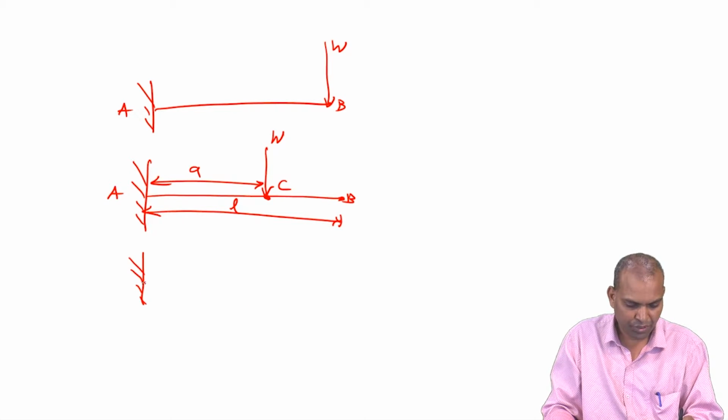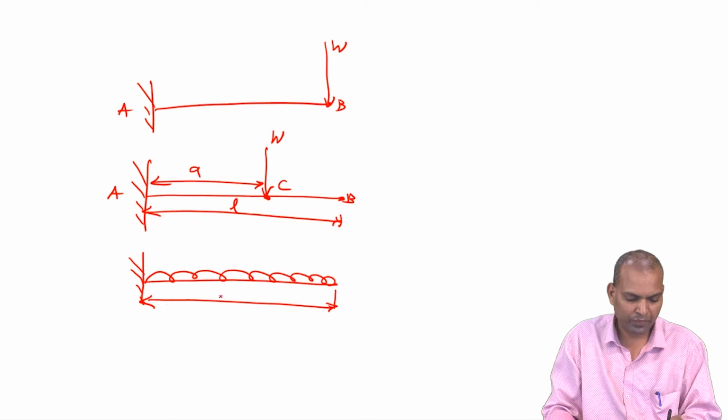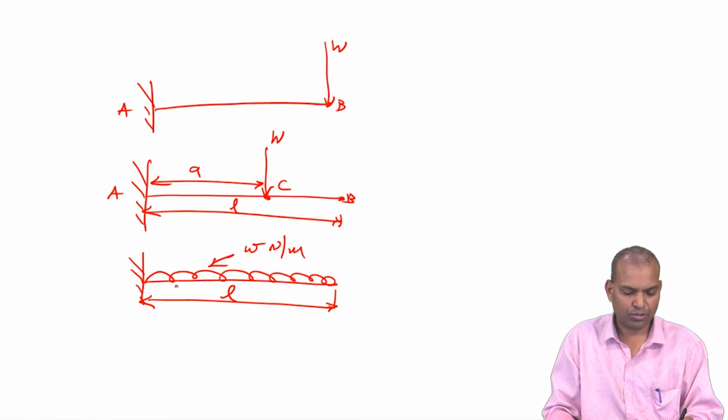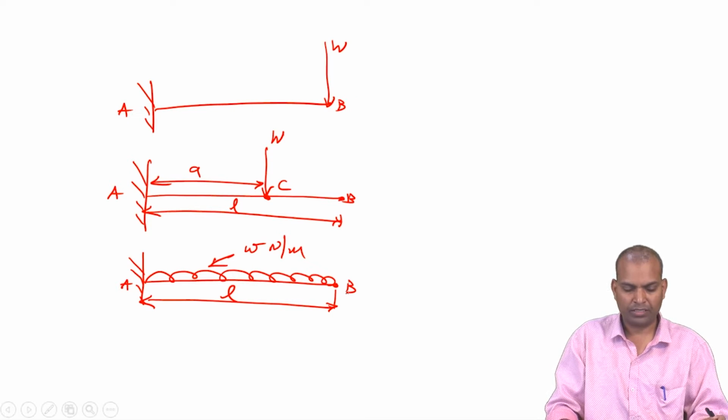The next case we are going to study is a UDL acting over the span of the beam. What is the slope and deflection for a beam subjected to UDL at the free end and at the middle point?